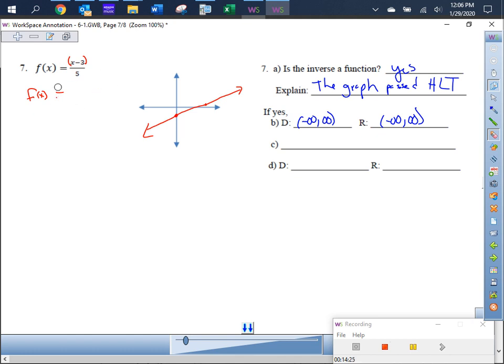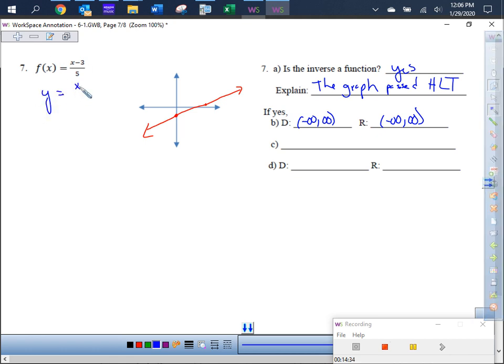So we'll do the 4-step process. I do like this version better with the all over 5 to do that. So step 1, change f of x to y. Step 2 is the true inverse step. That's where you switch x and y around. Doing a little reverse. Step 3, solve for y. When you have an all over like this, you can get rid of that first.